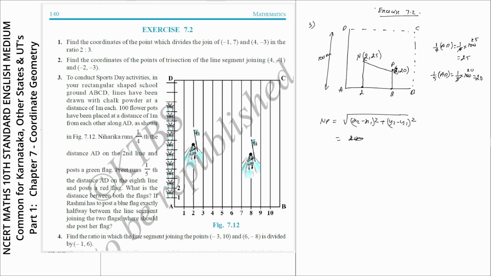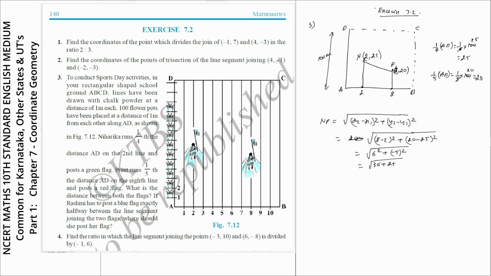First I'll take x only, square root of 8 minus 2 the whole square plus 20 minus 25 the whole square. So this is equal to 8 minus 2 is 6 square plus 20 minus 25 is minus 5 the whole square, square root of this. So this is 36 plus 5 5s are 25.